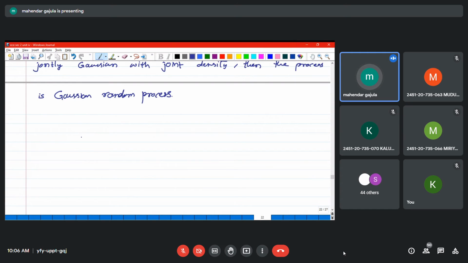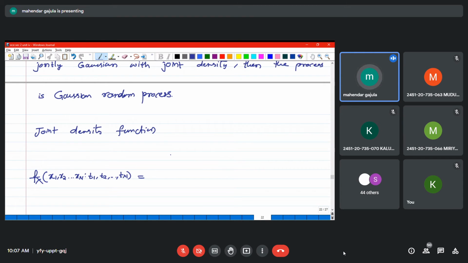Now, the joint density function. This is f_X. So what are the random variables in this? X1, x2 up to xn, and x1 is at t1, x2 is at t2, and so on, xn is at tn.